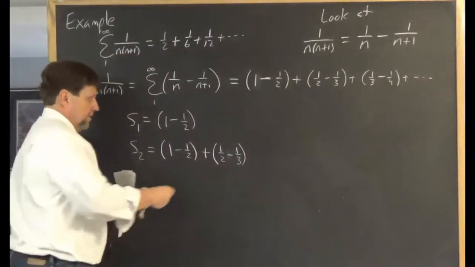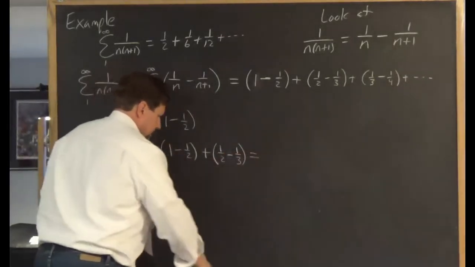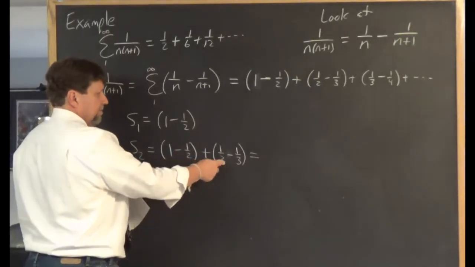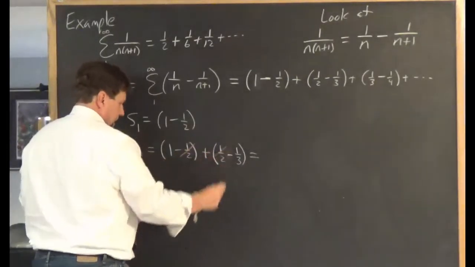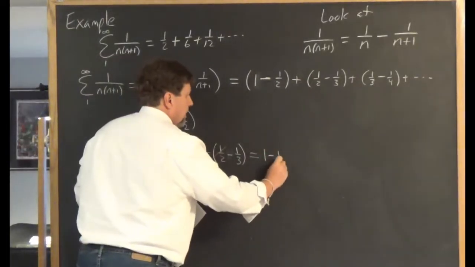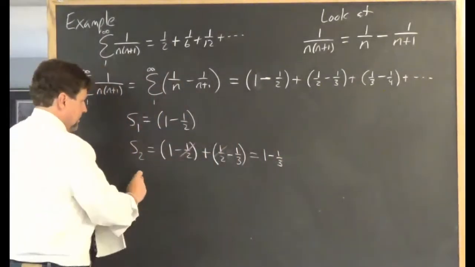Well, hey, notice if I were to add these together, minus 1/2 plus 1/2, they'd cancel out. So that would leave me with just a 1 minus 1/3. Hey, that's kind of neat.